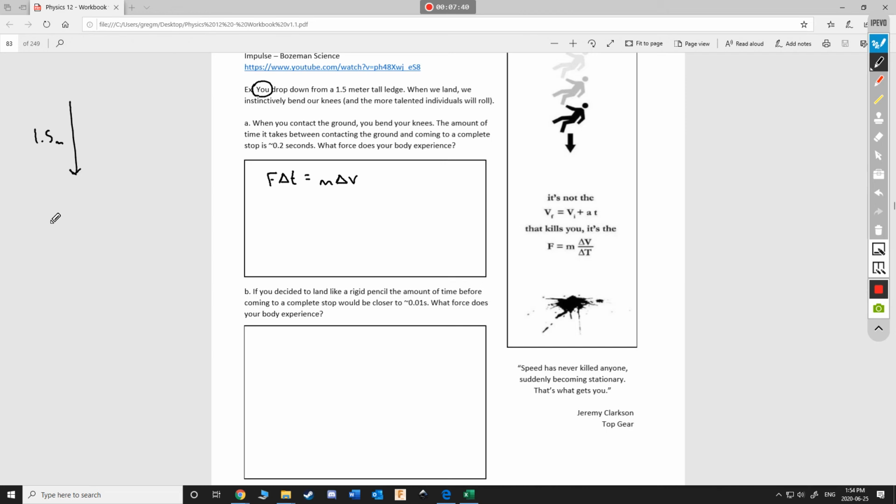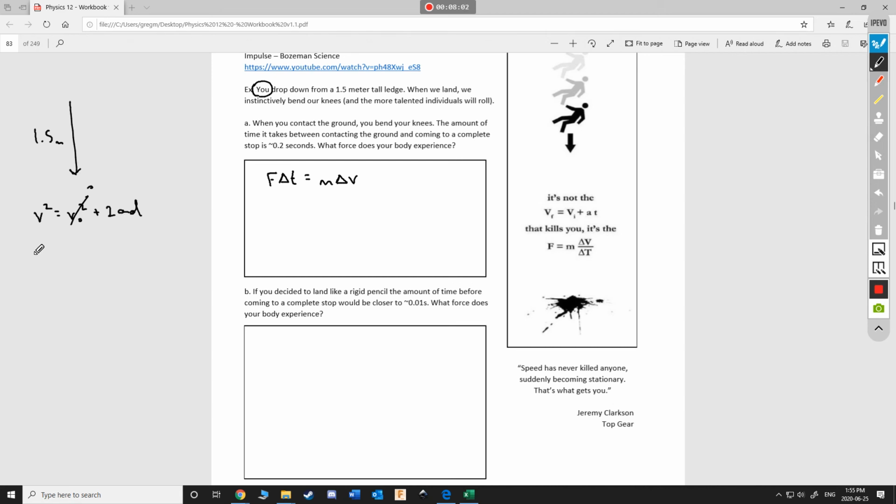So we need to find the final velocity. We can use the equation v squared is equal to v0 squared plus 2ad. Initial velocity is 0 for dropping from rest, not like jumping down or diving down.